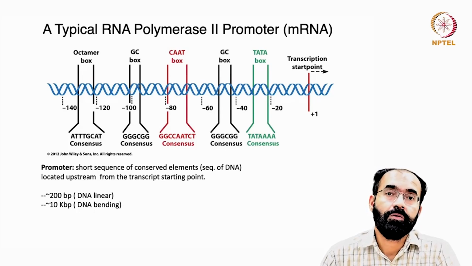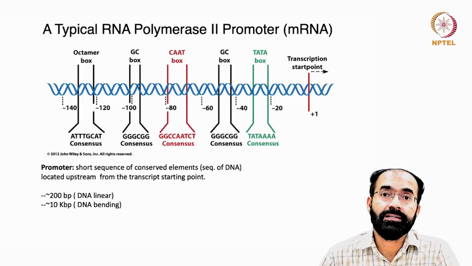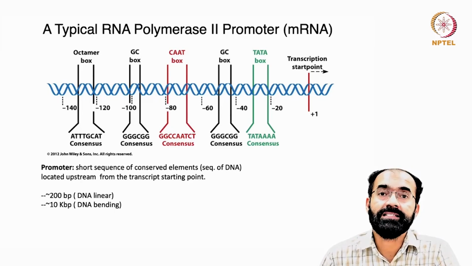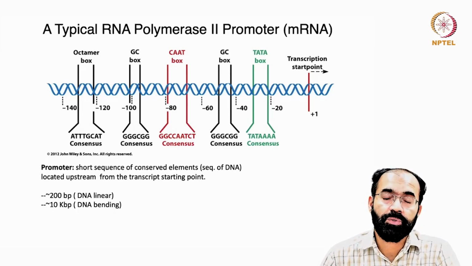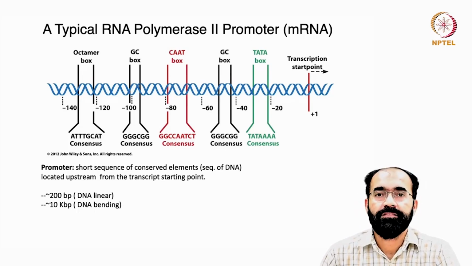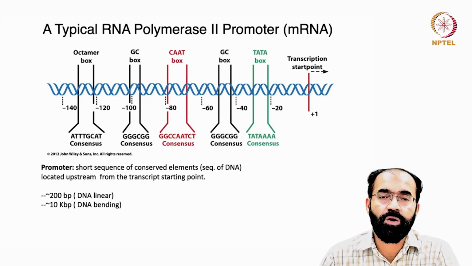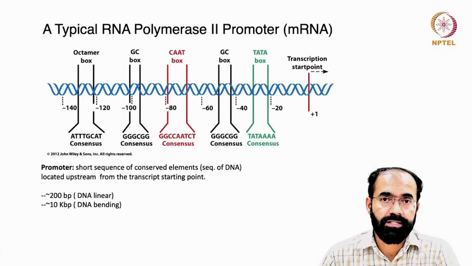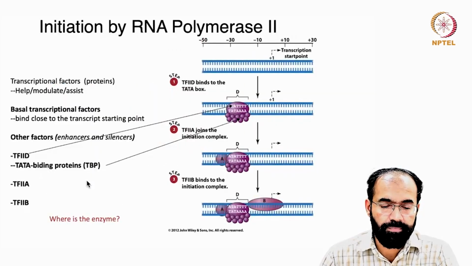That means 1000 base, 1000 nucleotides is 1 kb, and 1000 kb is 1 Mb. So it can be stretching much upstream also. So we cannot define a specific boundary common to all the genes. It varies from gene to gene.